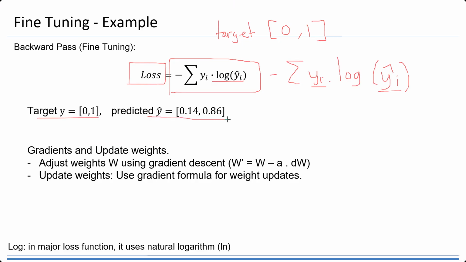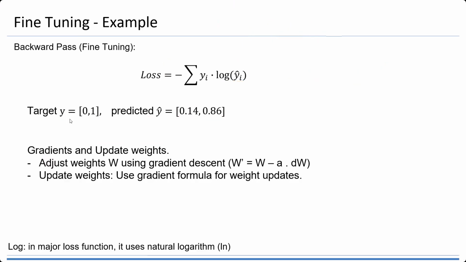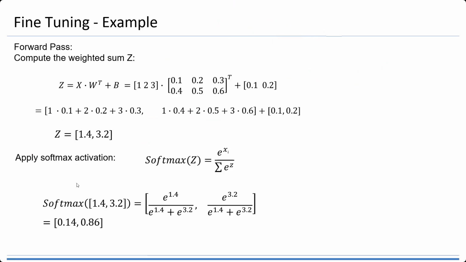And the predicted is 0.14, 0.86. How can we get this? It was from the softmax function.